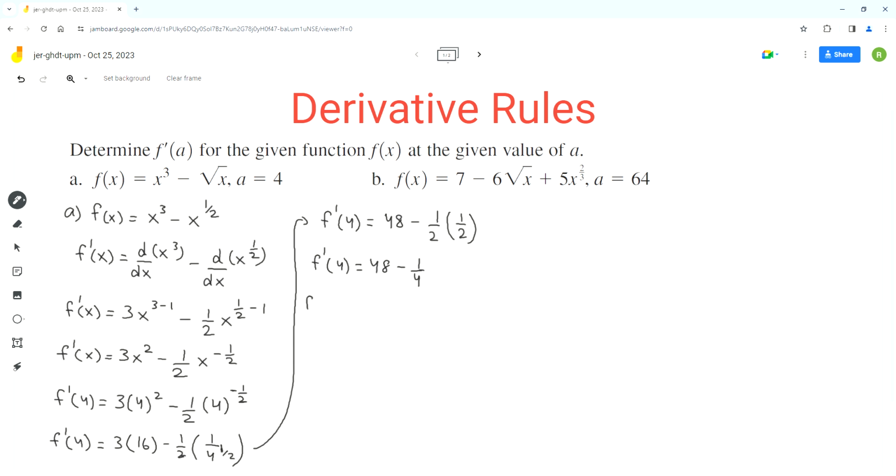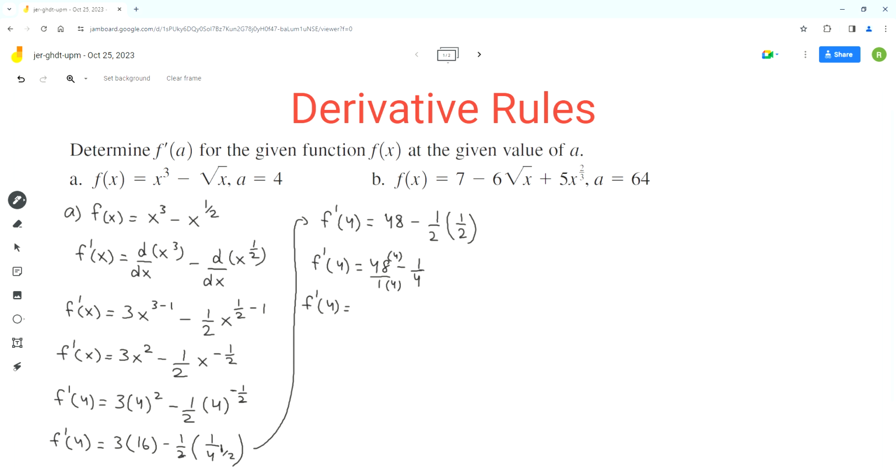Now we can subtract these terms. For that, we'll have to find a common denominator. The denominator of 48 is 1 and the common denominator is 4. So we'll multiply the numerator and denominator of 48 over 1 by 4.